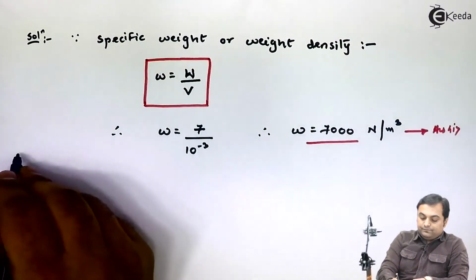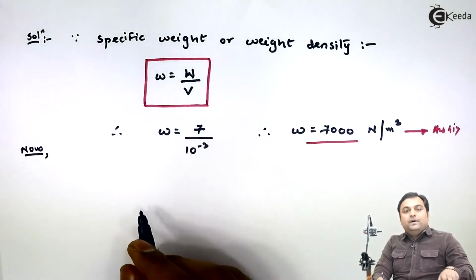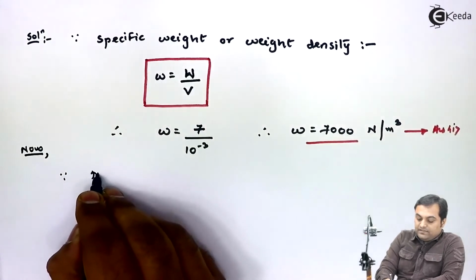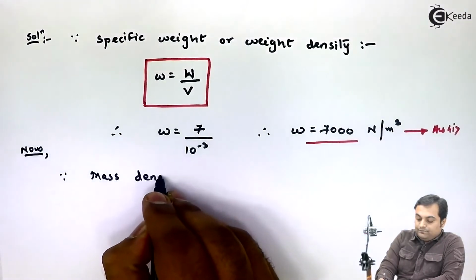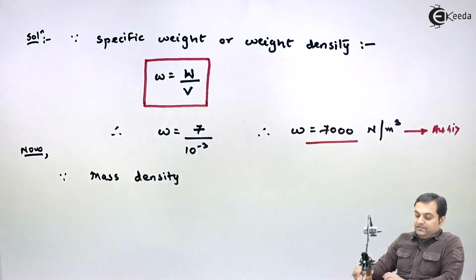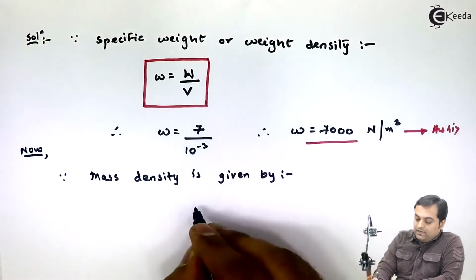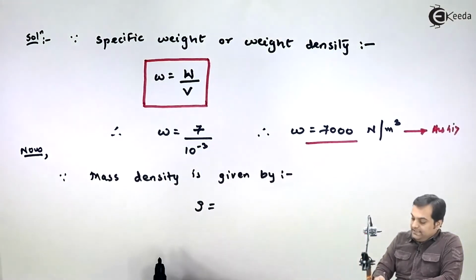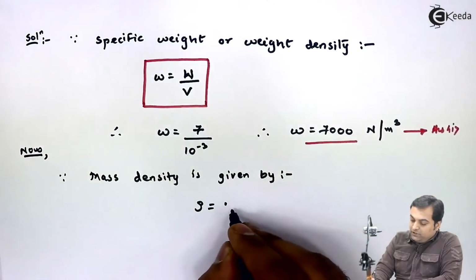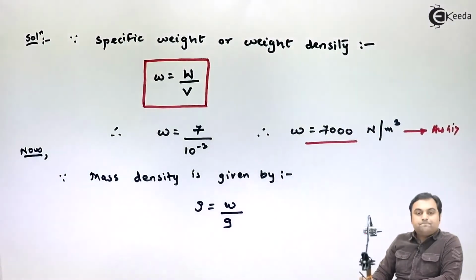Next, now the second part, we have to calculate mass density. We know the relation, mass density is given by rho, and that is equal to the specific weight or weight density divided by g.